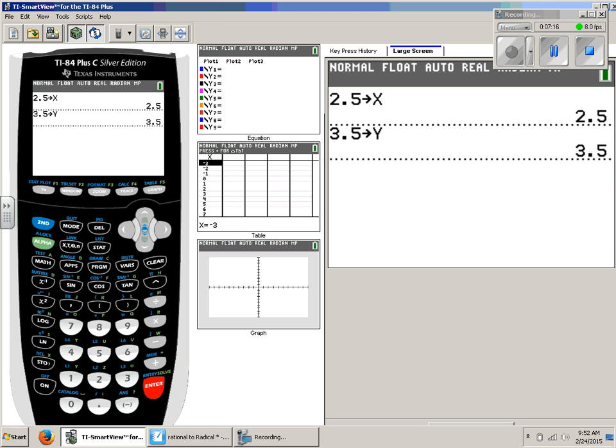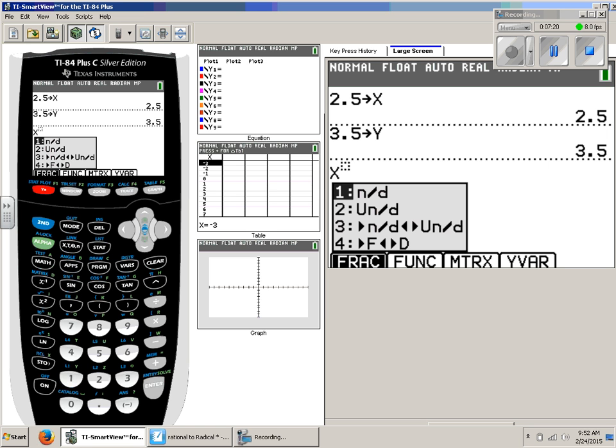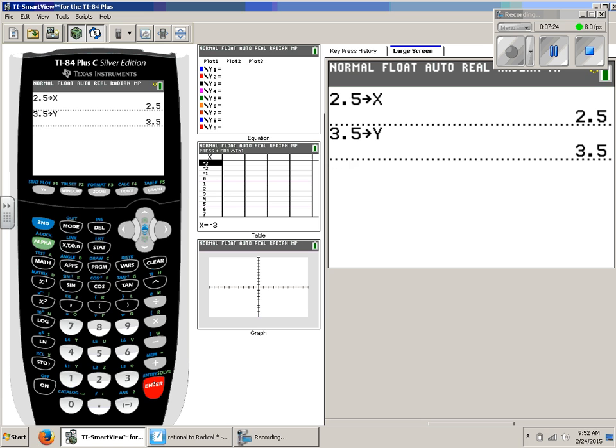And now I'm going to do x raised to the 3/4 power, y raised to the 6/8 power, and now we're going to do fourth root.